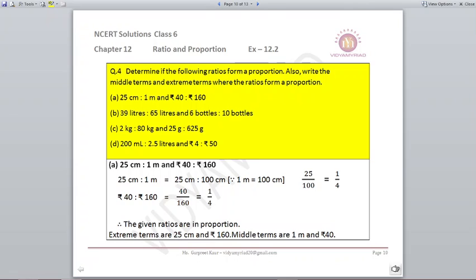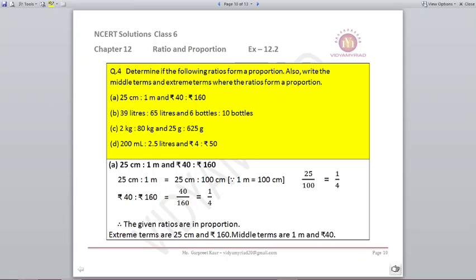Question number 4. Determine if the following ratios form a proportion. Also write the middle terms and extreme terms where the ratios form a proportion. Let us see. 25 centimeters is to 1 meter and rupees 40 is to 160. See children, 25 centimeters is to 1 meter, their units are different.